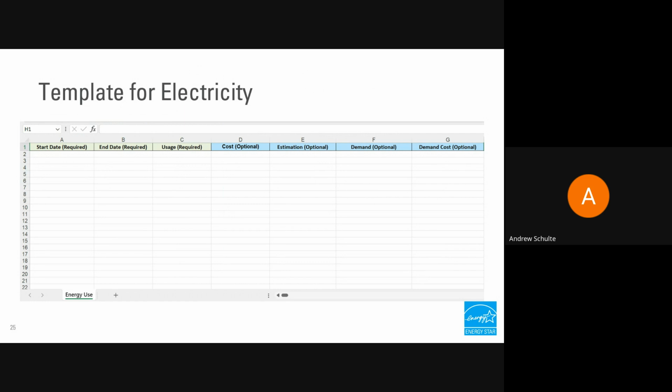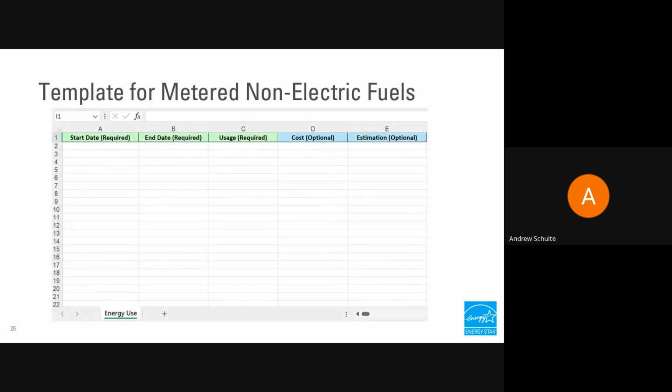So really, what you need to provide to your customer is, for each billing period, what was the start date, what was the end date, and what was the total aggregate consumption for the building. This is pretty straightforward, and you can see that for the metered non-electric fuels, it's even easier because it's not taking into account issues of demand. So the information you need to gather is pretty straightforward.